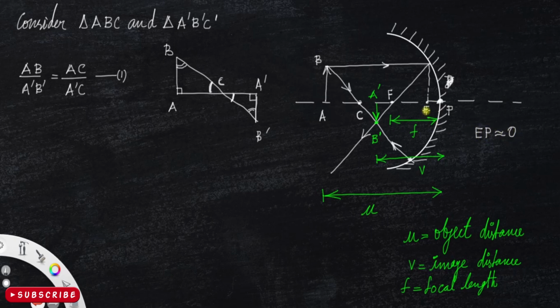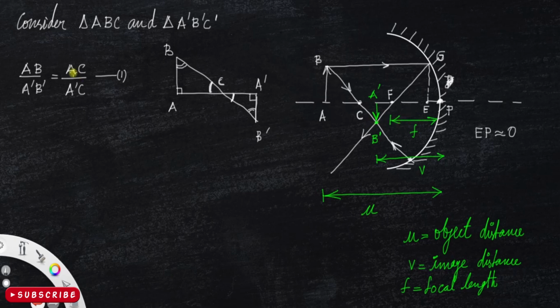I can say that E and P almost coincide, but since there is a curvature here, I cannot write E and P as the same, but this EP is almost equal to 0. So FEG forms a triangle.